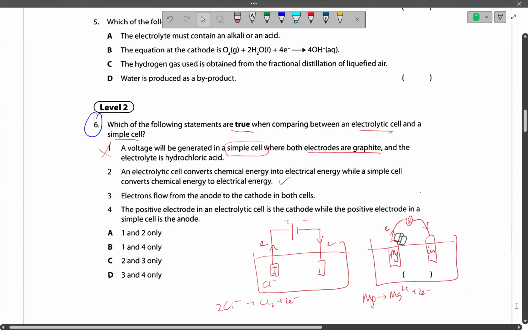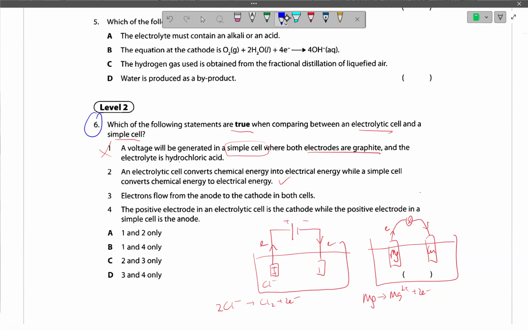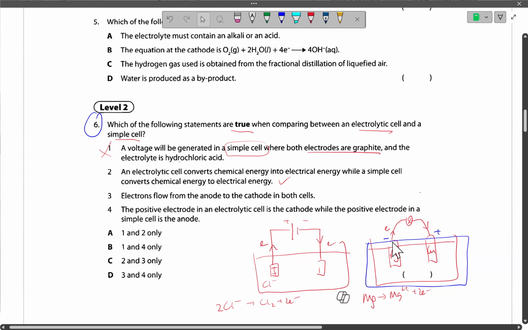Okay, the only difference is that if you view the electrolytic cell like this, you view this as a negative and positive pole of a battery because you're viewing this cell like a battery. So wherever electron comes out, you view the pole as a negative. So the anode in a chemical cell is actually negative, but the anode in an electrolytic cell is positive.